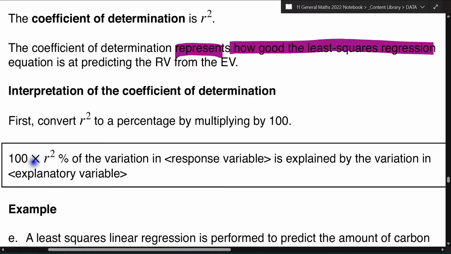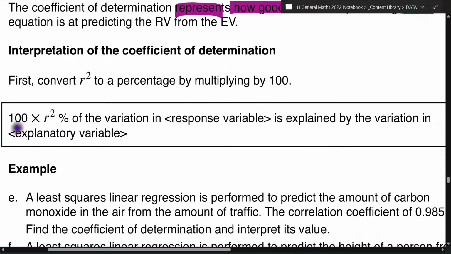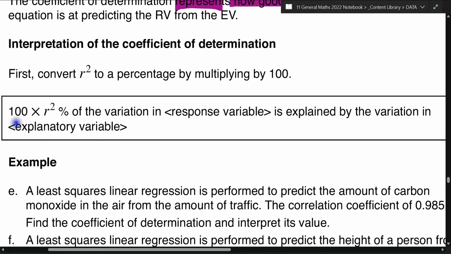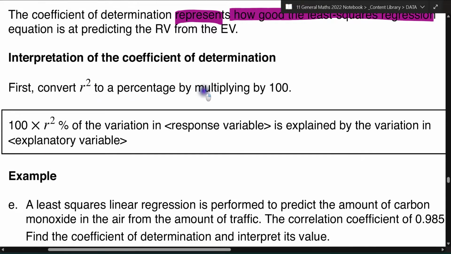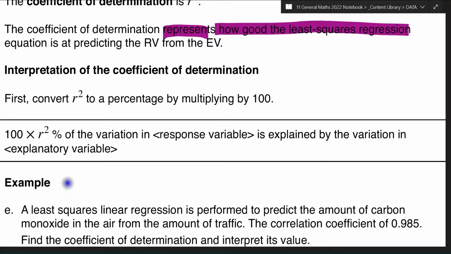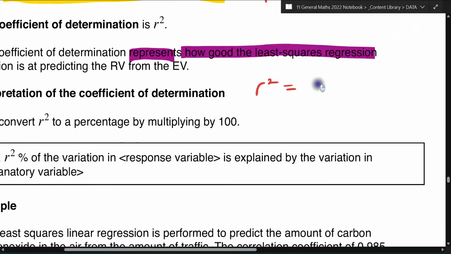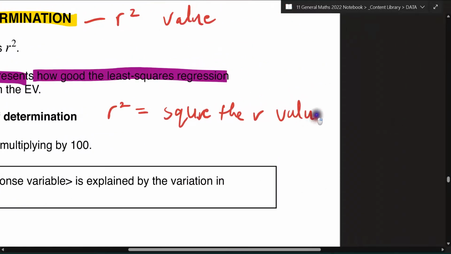In terms of interpreting and finding it, it's really straightforward. First, to get the R squared value, you just have to square the R value. R squared is equal to the R value squared.